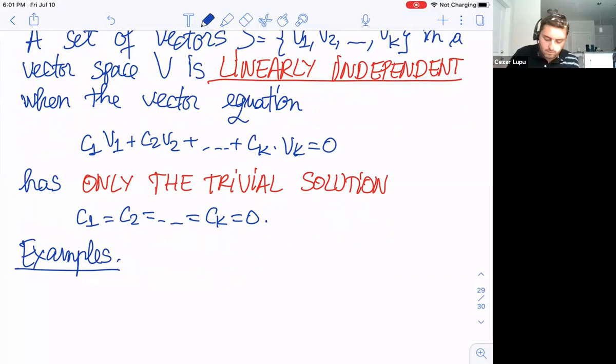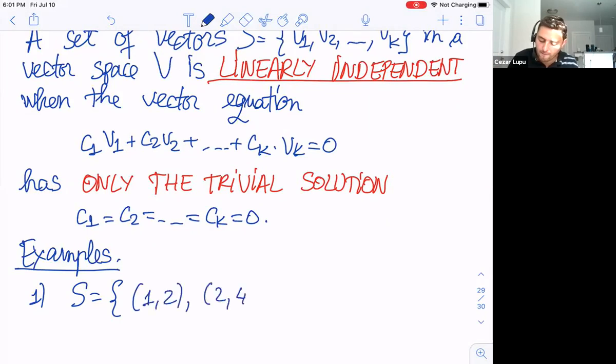The first example: consider the following set S consisting of these two vectors, (1, 2) and (2, 4) in R2. What do you think? Do you think this is linearly independent or linearly dependent?